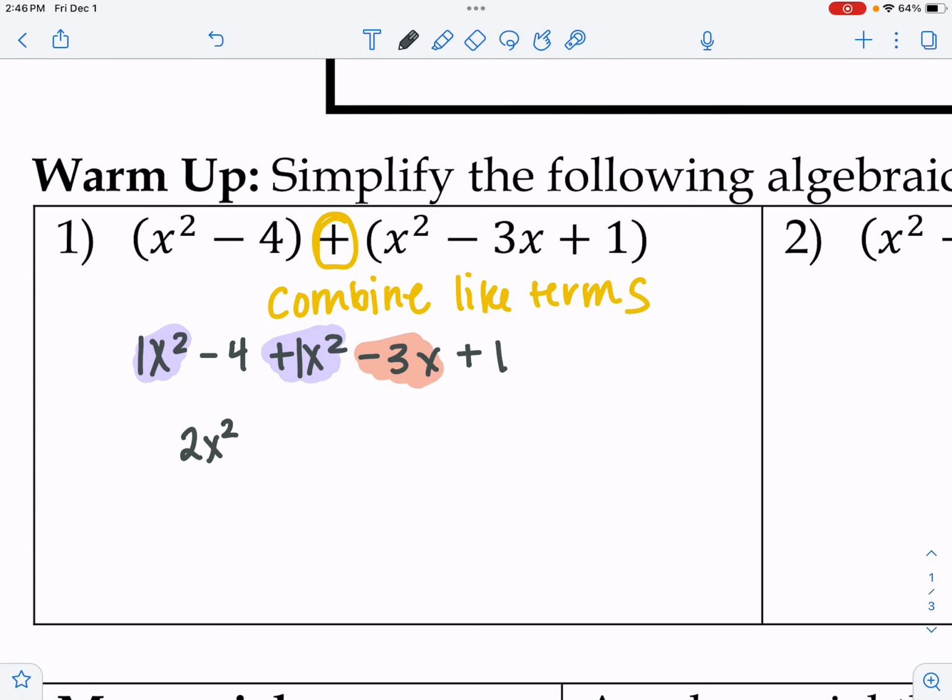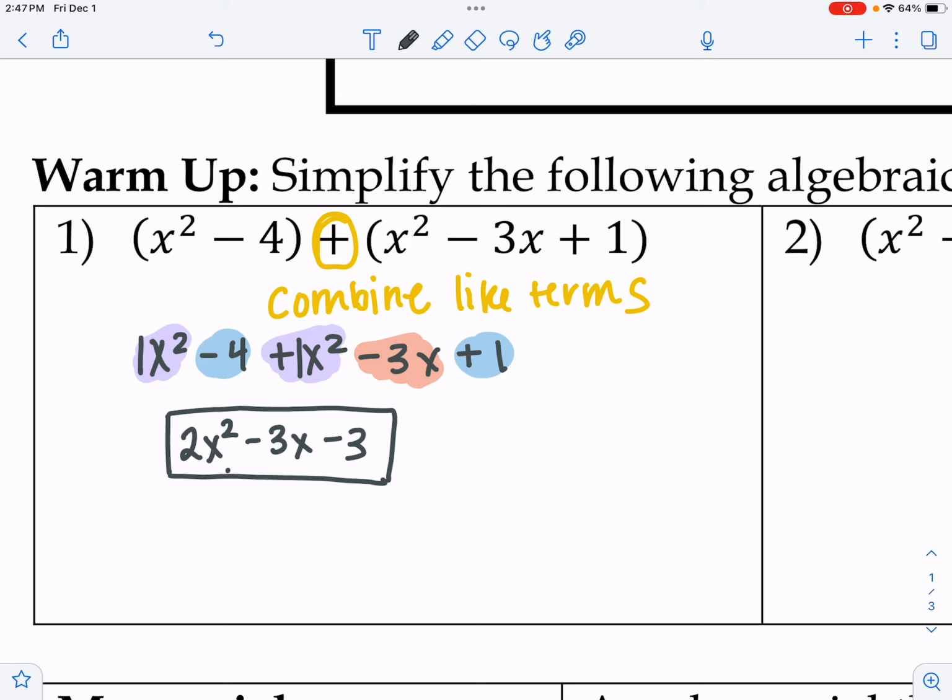And so we'll just write down the x term next. We always go from highest exponent to lowest exponent. And then the constants would be at the end. So -4 plus 1 would give us -3. And so this would be our final answer.